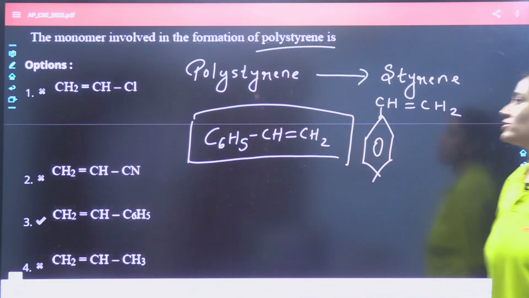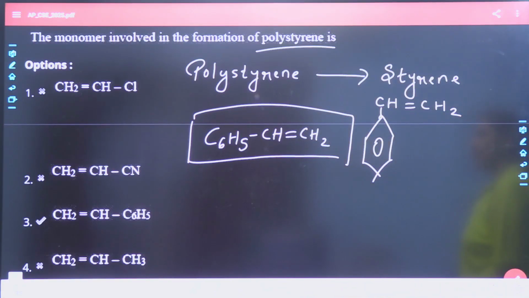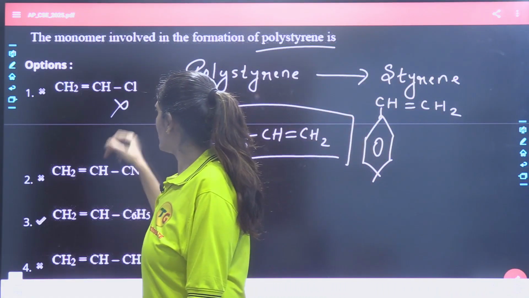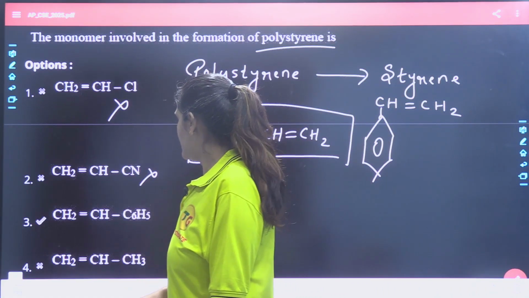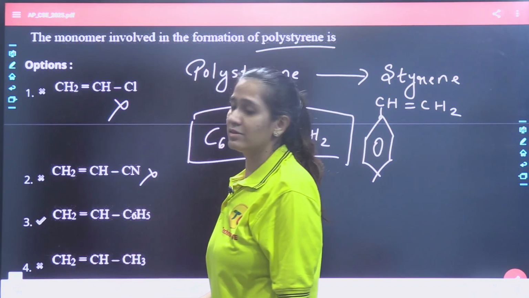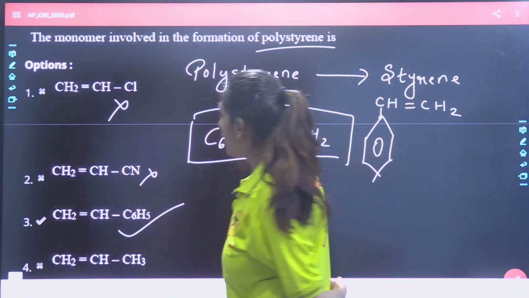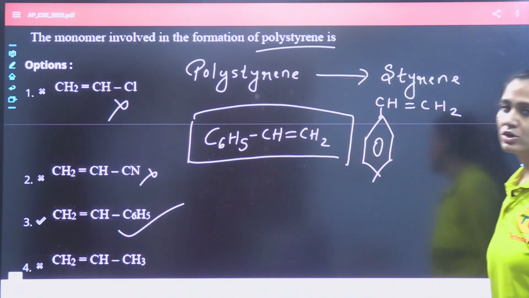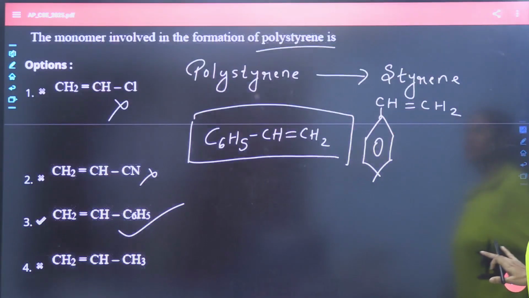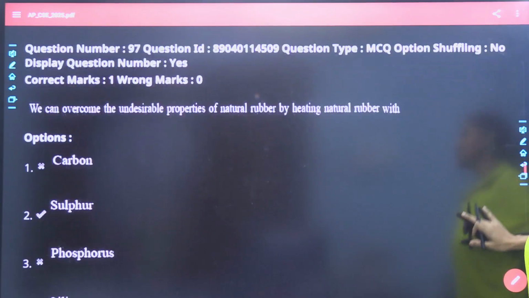This is styrene. Its polymer is polystyrene. No, this is not, this is vinyl chloride. Not this, this is vinyl cyanide. This is propene. So no. Yes, option number 3 is our correct option. Now the next question.